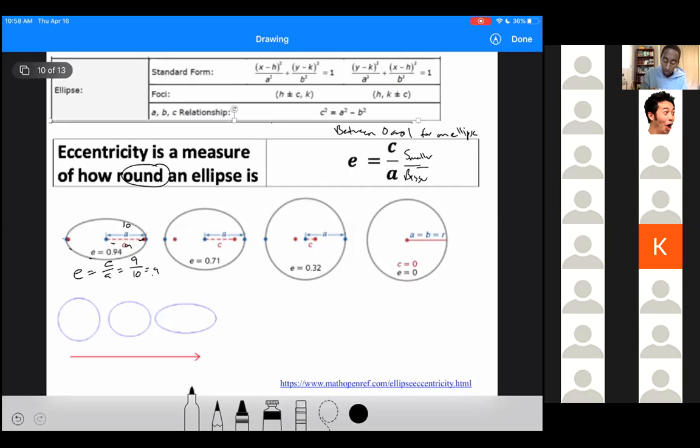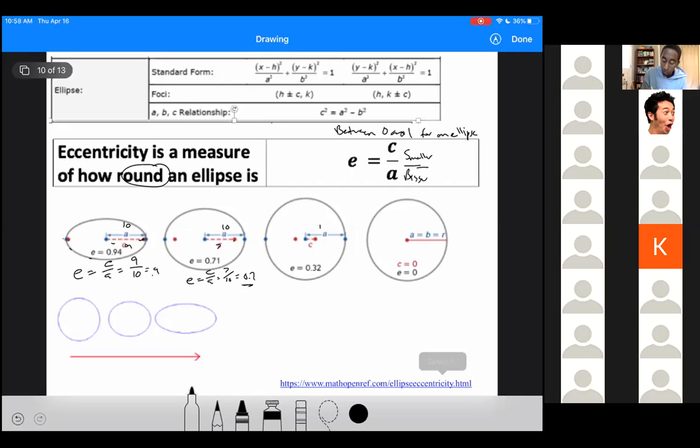Now let's say c was slightly more towards the center, and a remained at 10, but now c's distance is 7. Eccentricity again is c over a, so it'd be 7 over 10, that would be 0.7. So you can see as the focus gets closer to the center, the eccentricity decreases and it becomes more circular.